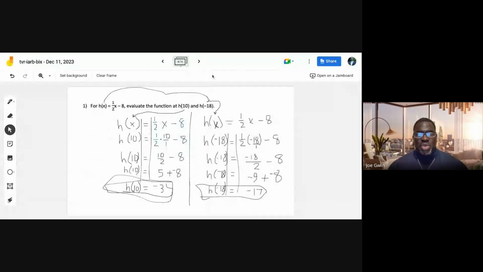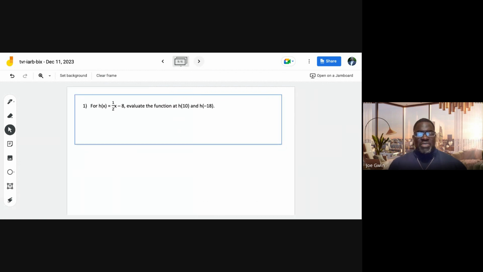So we have this one problem, and I'm just going to copy and paste this question onto another page so we can see the fullness of it. Okay. So now we're going to work this out.